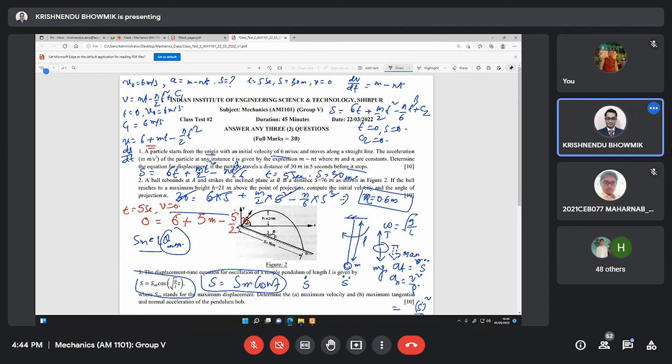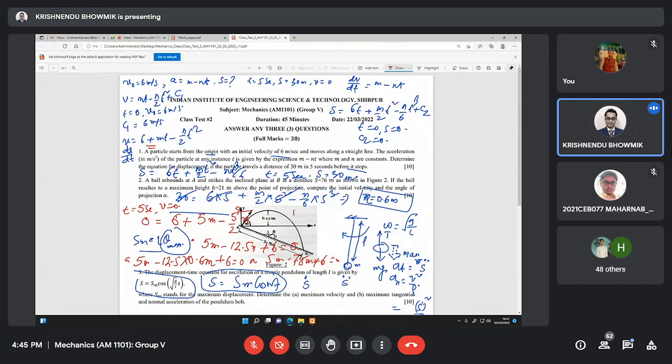t square, correct? 5 square by 2 n, or 5m minus 12.25 by 2, 12.5 n plus 6 equal to 0, or 5m minus 12.5 multiplied by 0.6 m plus 6 equal to 0, or 5m minus 7.5 m plus 6 equal to 0.